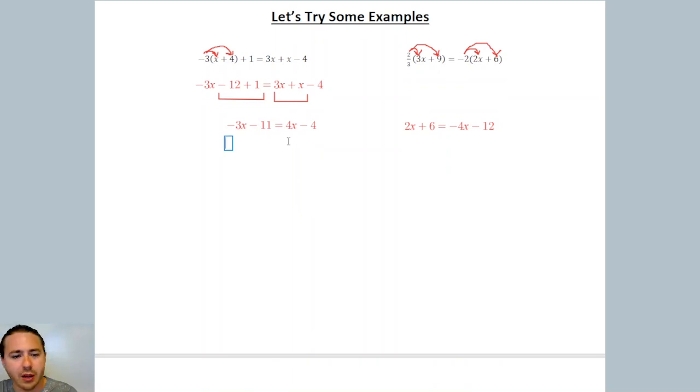So anyway, here we're going to add 11 to both sides. But we also want to move this 4x over to the left, so we're going to subtract 4x from both sides.